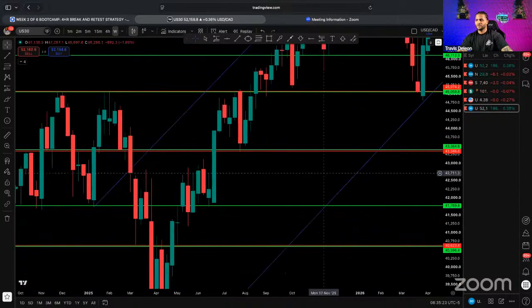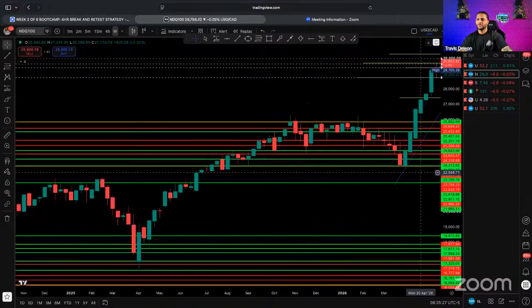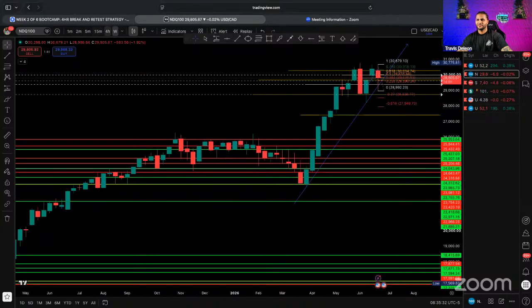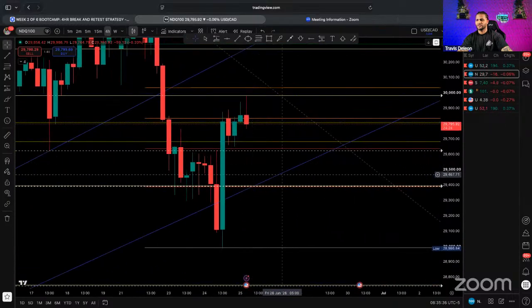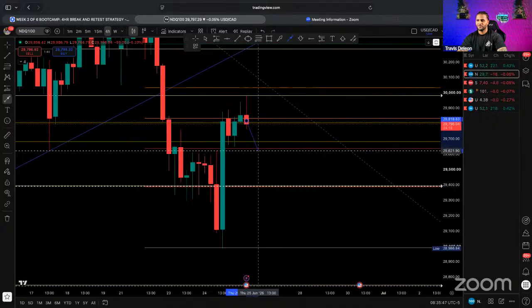Also, while we're doing these breakdowns, I'm still looking at my trades. It's still a live trading session. Right now on NAS 100, I'm waiting for a break under that 29,675 level, before 9 o'clock, or depending on where you are, before 9:30.